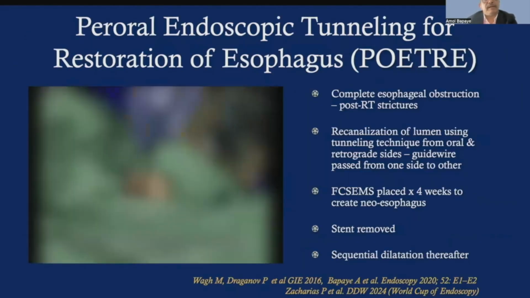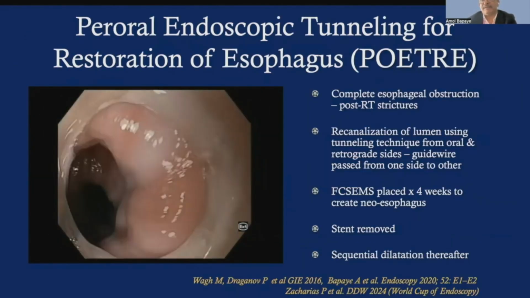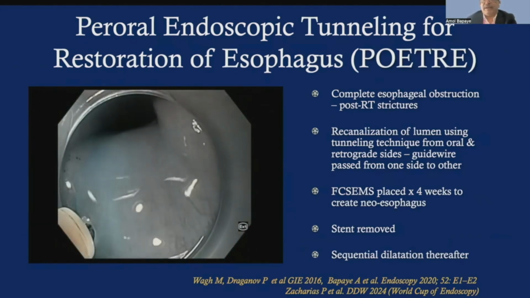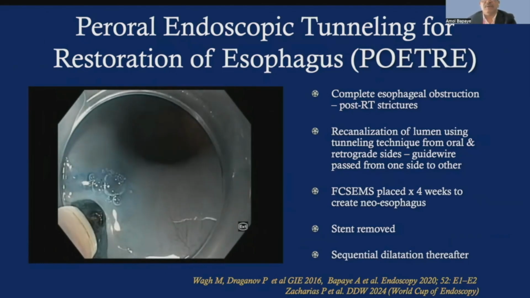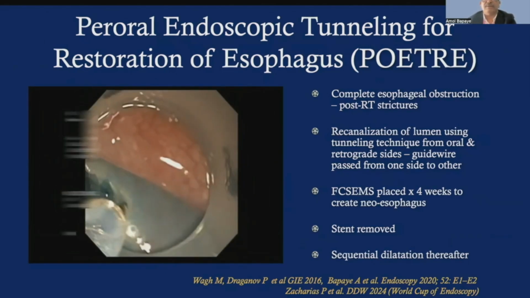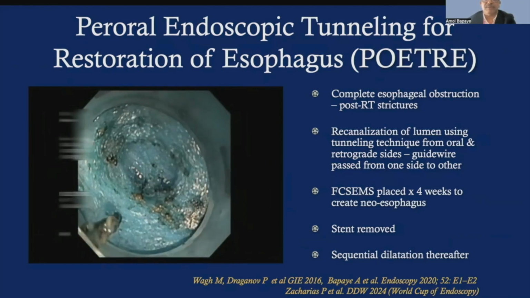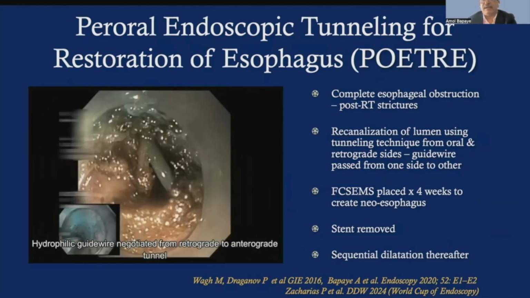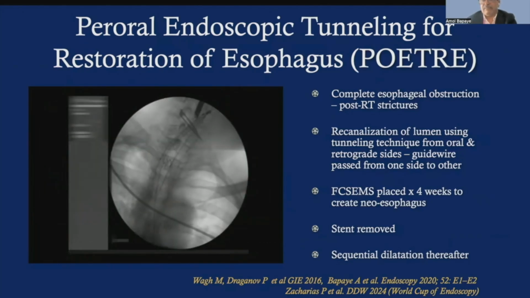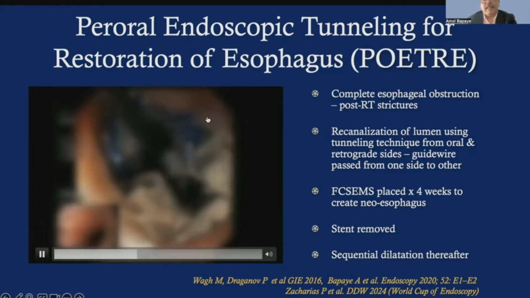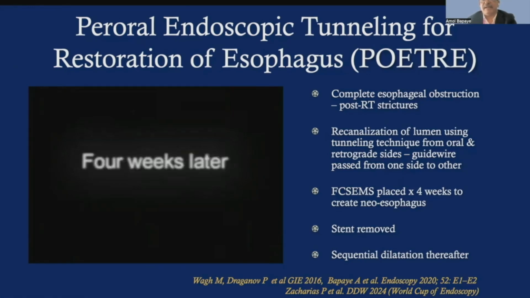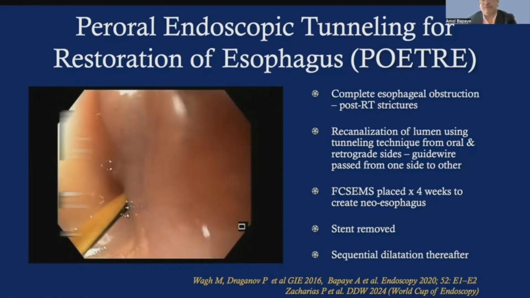The last point that I would like to touch upon is patients with complete esophageal obstruction following radiotherapy. They can be treated by recanalization of the lumen using a special technique called POETRY, or peroral endoscopic tunneling for restoration of the esophagus, wherein we create tunnels on the antegrade and retrograde side and meet in the middle, and we pass a guide wire from one side to another and place a fully covered stent, which is left in place for 4 to 6 weeks.